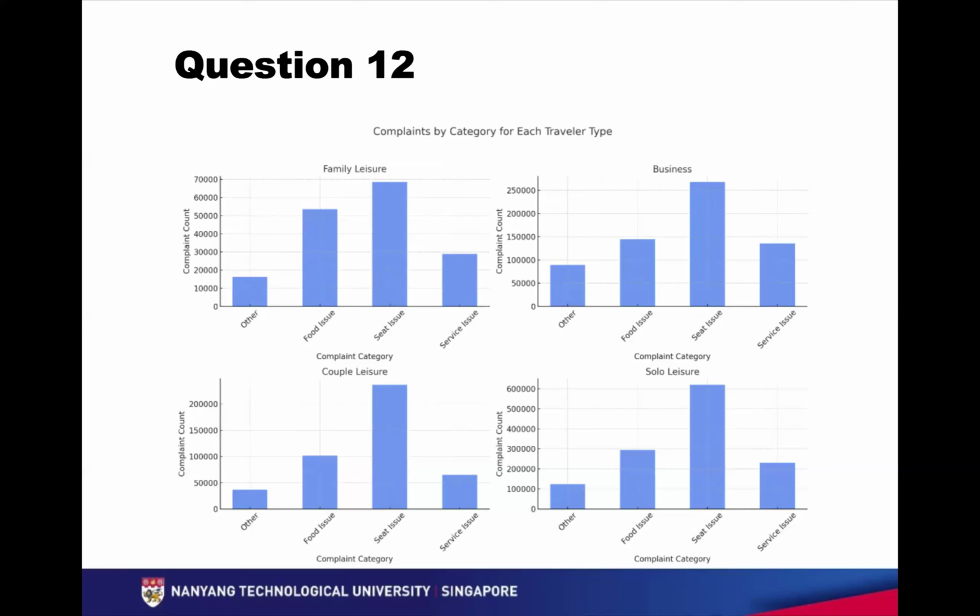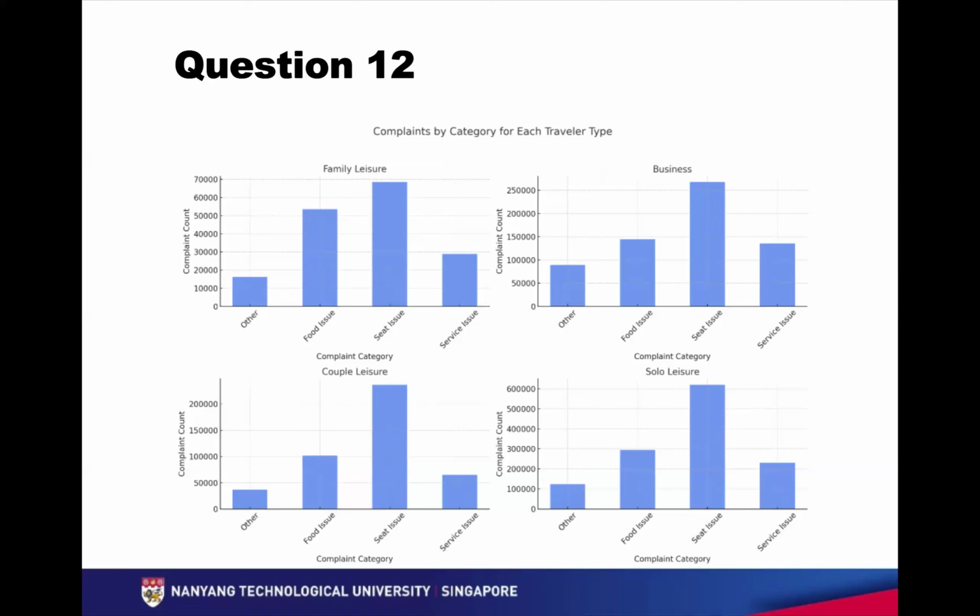As we can see in the upper right, the business breakdown, we think that most business passengers weigh more on the service compared to the other distributions. As we can see, the service issue is roughly equal to the food issue in this distribution.